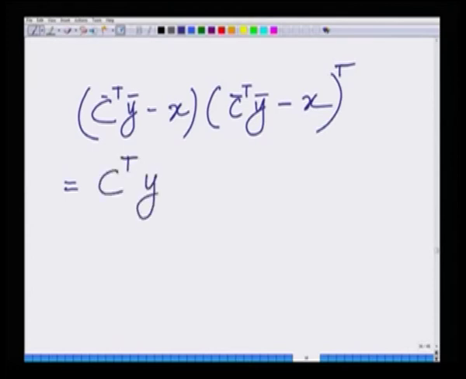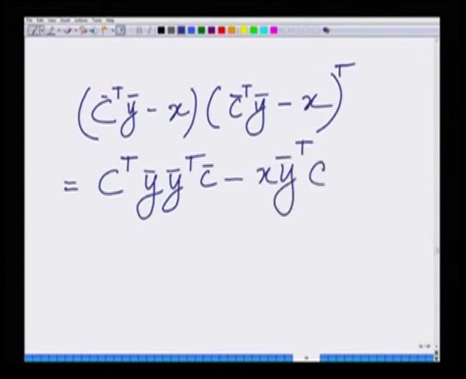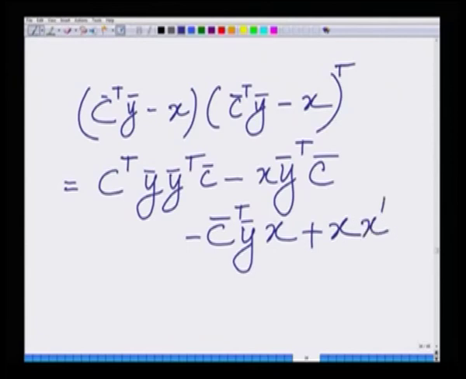Now, this can be written as C transpose y transpose C bar, minus x y transpose C bar, minus C bar transpose y into x transpose, but x is a scalar so it does not really matter, plus x transpose x, which is simply x squared.